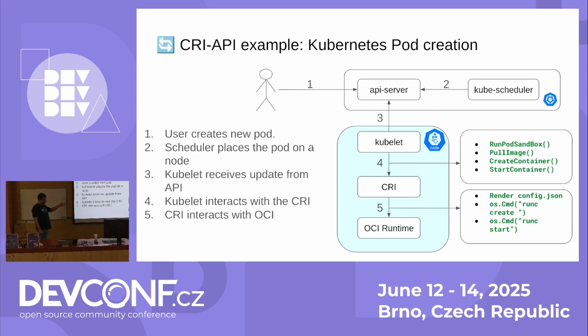And then it goes all the way down. These are gRPC methods that are being used in order to start up a container or a set of containers, depending on what is defined in the pod. And later on, it goes down to the OCI runtime. So you already have the config.json, and it launches the runtime with the configuration.